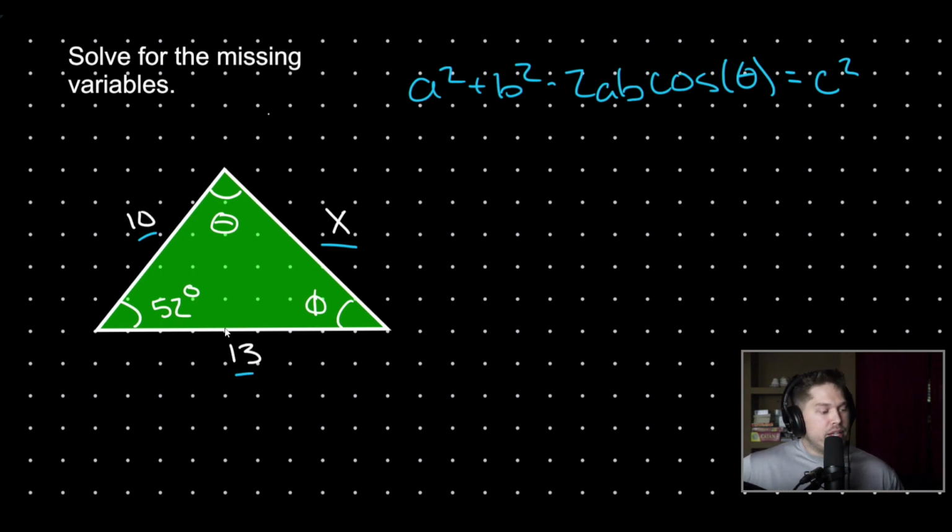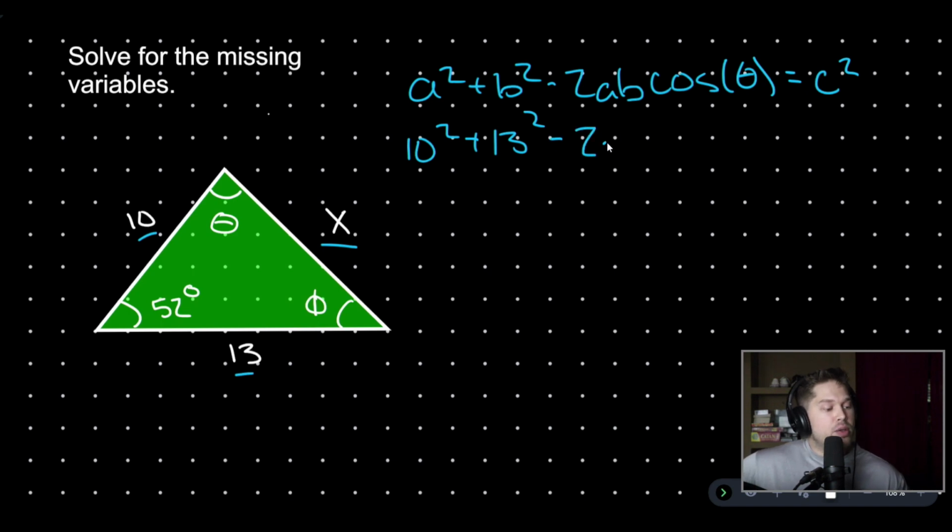So now let's plug in these values. We have 10 squared plus 13 squared minus 2 times 10 times 13 times the cosine of 52 degrees, and this will be equal to our x squared.